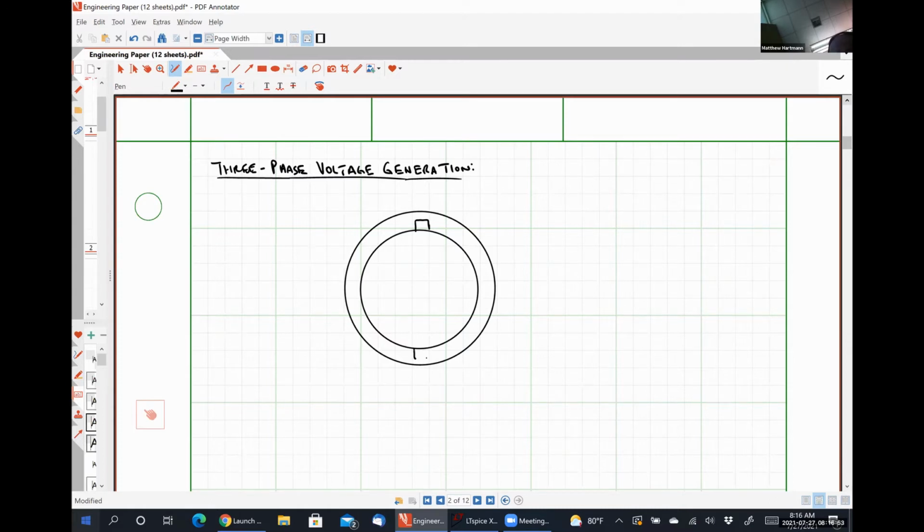And what I'm doing right now is drawing these little boxes, which will be terminals.